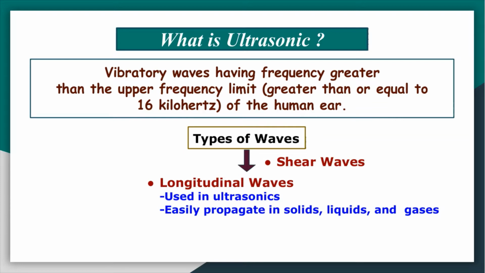Now there are two types of waves: one is longitudinal waves and another is known as shear waves. In case of ultrasonic machining, we normally use the longitudinal waves because they easily propagate in solids, liquids and gases. So longitudinal waves we are using for ultrasonic machining.